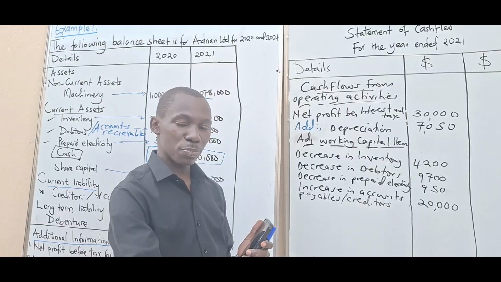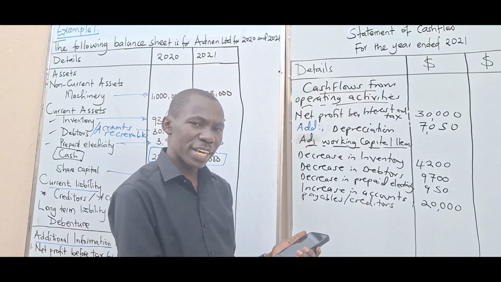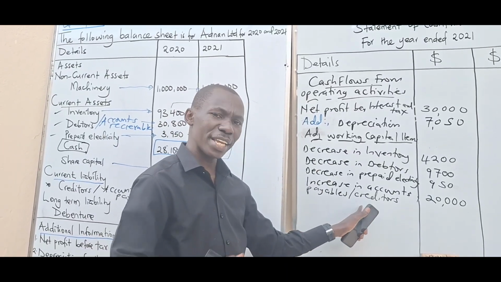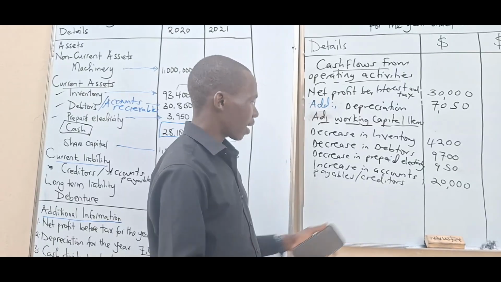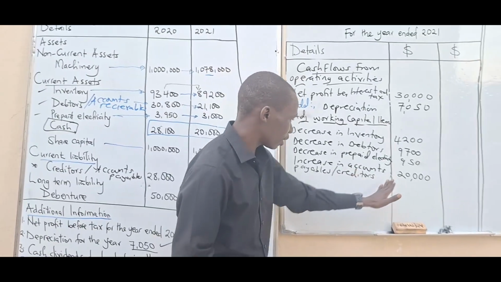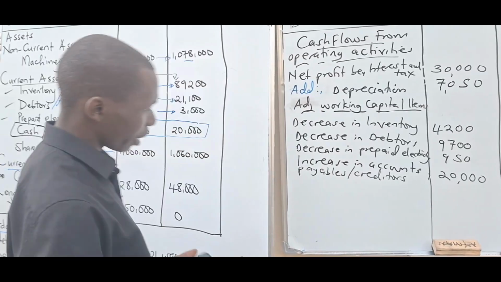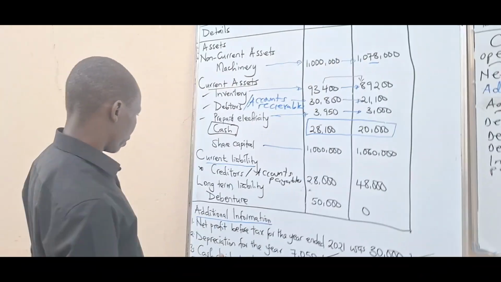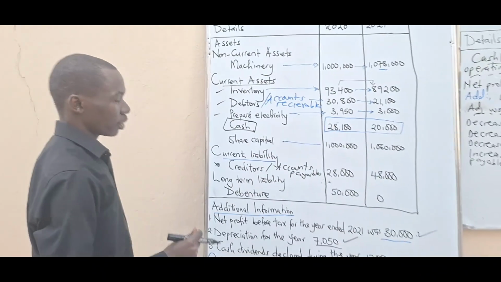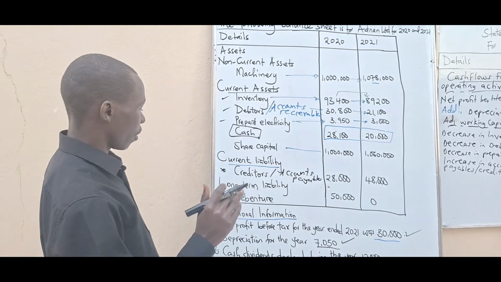Since you are not paying them, we treat that increase in accounts payable, or in a liability, as a cash inflow. So the moment you see a liability is increasing, just know that is a cash inflow.